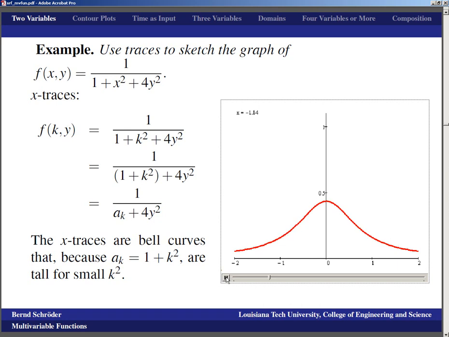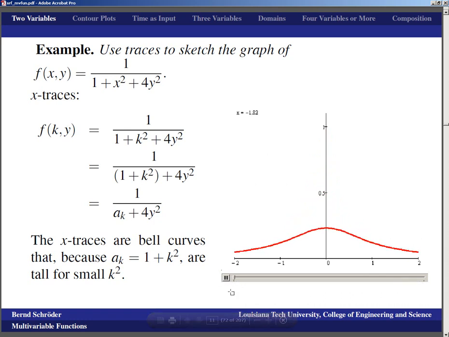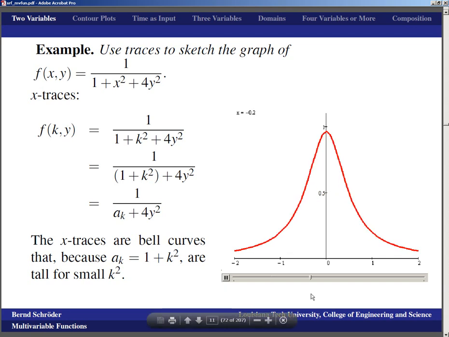As k squared gets small, so as k gets towards 0, we get taller bell curves. As we can see here also, the maximum is at 0, or the tallest curve is at 0, and then it flattens out again. So if you were to put this picture into your mind and think of how this develops in space, that would look sort of like a fin, right?